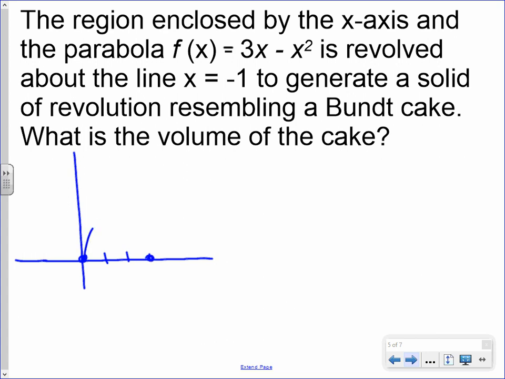And then we guess the height, because it doesn't matter what the height is. But if you wanted to be precise, we know the vertex is in between 0 and 3, so if you plug in 1.5, you can get the exact height. Okay. So here's our region that we are rotating about the line x equals -1.